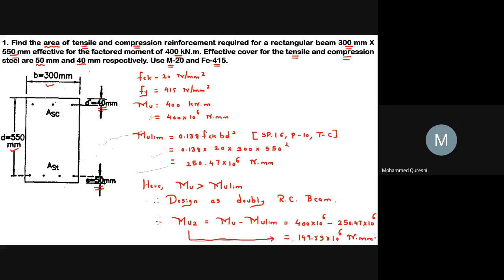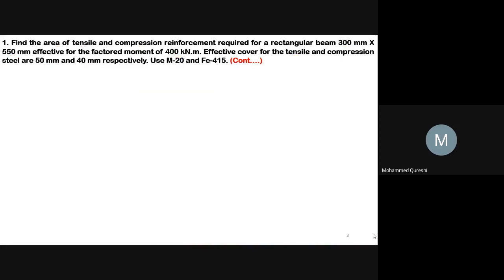So we have calculated the value of Mu2. This value will be helpful while calculating the value of Asc. Now we will go for the next step.